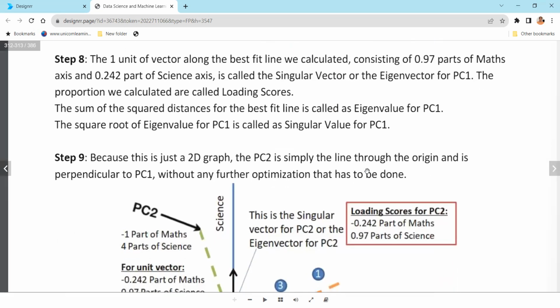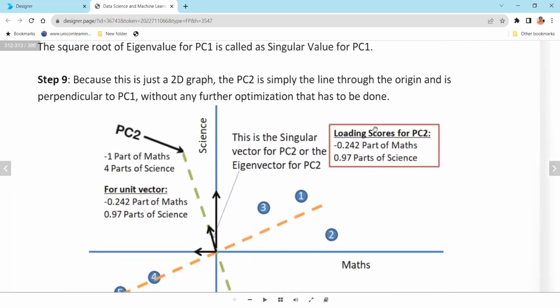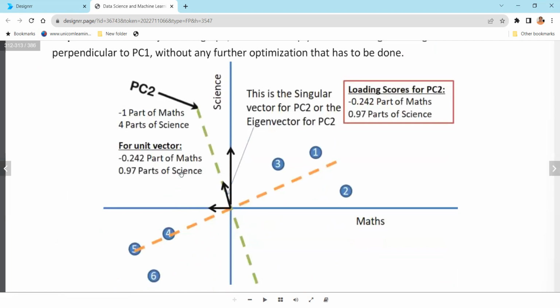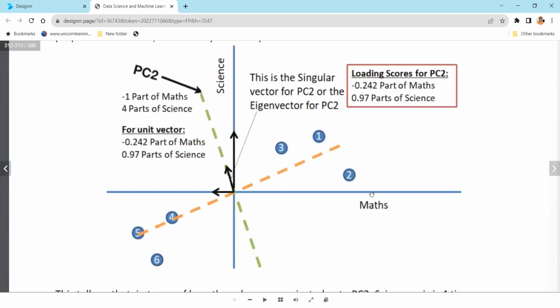Now we have to create another parallel PC2. Now in PC2, you see, this is in opposite 90°, right? So here your x value, see, we were in first quadrant. In first quadrant, x and y both are positive. But in second quadrant, what happens?